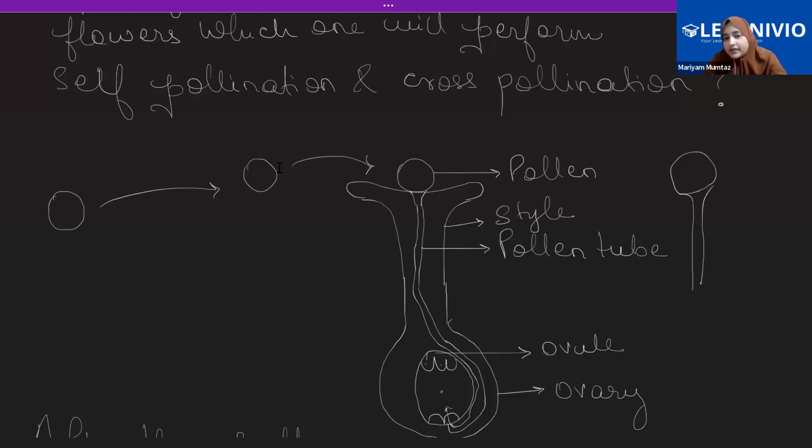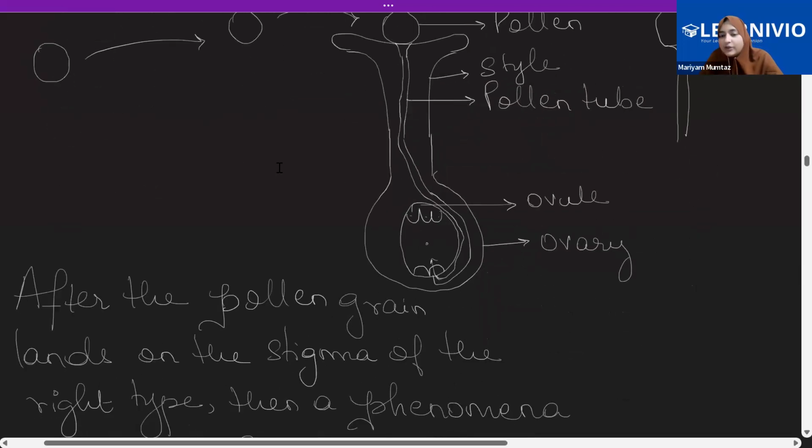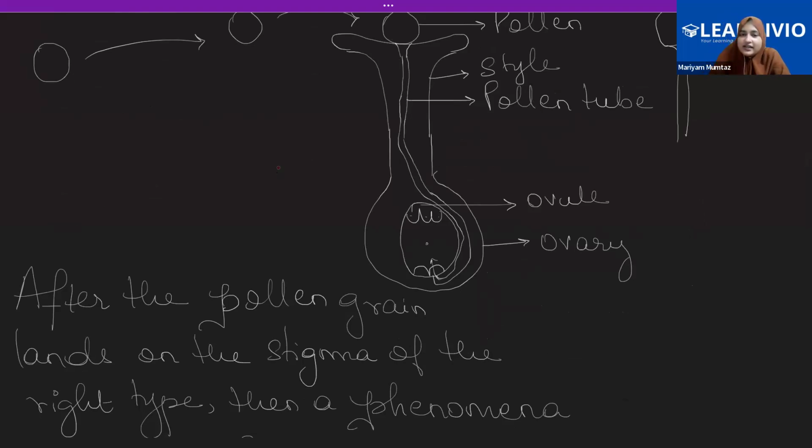Pollen tube germination is basically the phenomenon wherein the pollen grain grows a tube-like structure which goes up until the ovule portion so that the gametes will be transferred. So you see here how it is going from the stigma to the ovules.